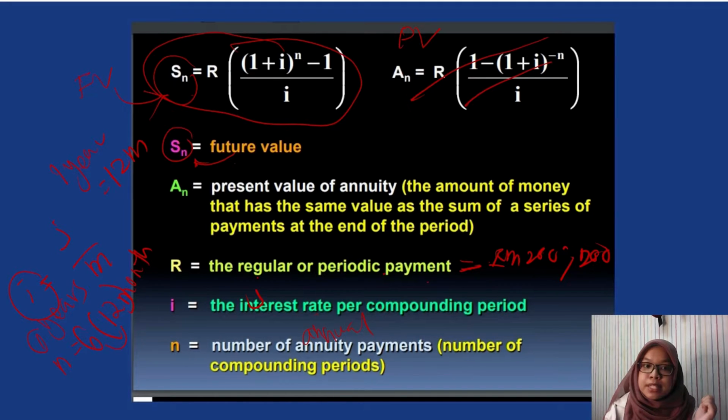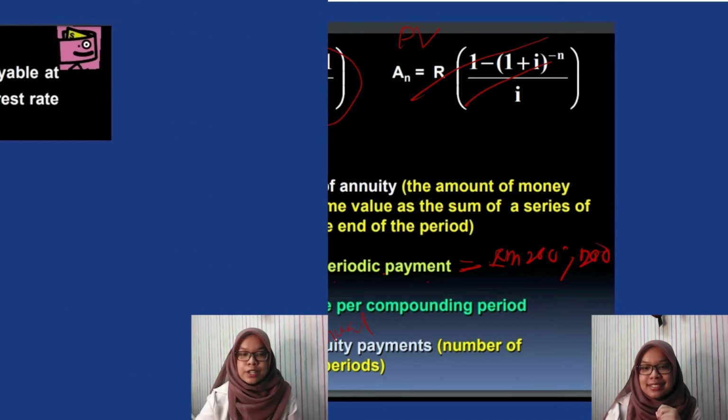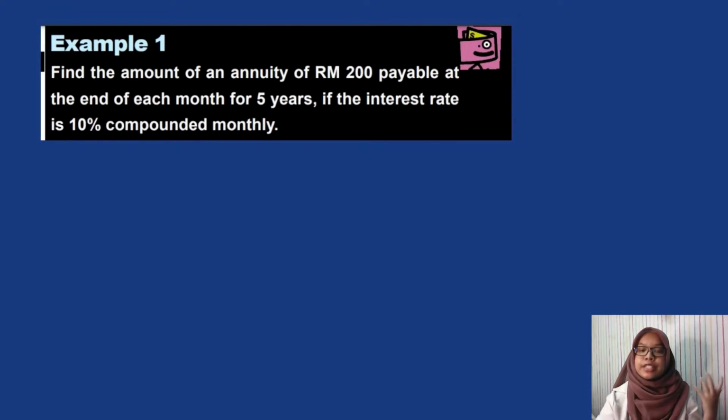So we need to multiply it, so we get the full number of months. Okay, you understand? So this is basically how the formula works. So to find the interest rate, we need the interest rate per compounding period, and to find n, we need to change it to the months period.